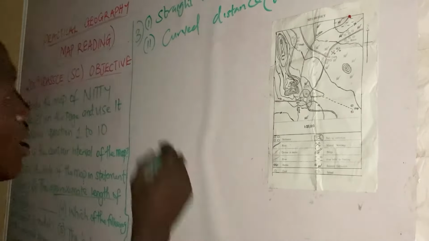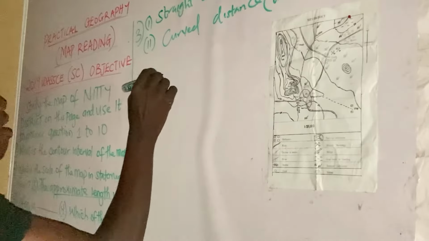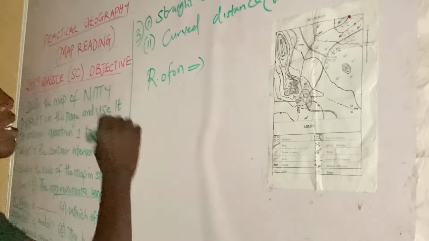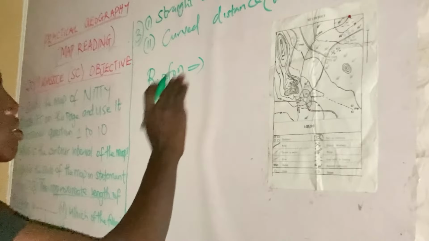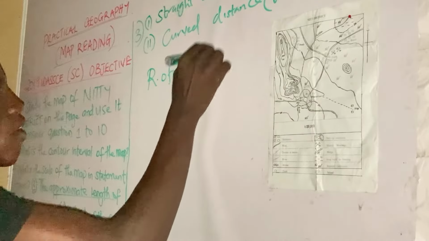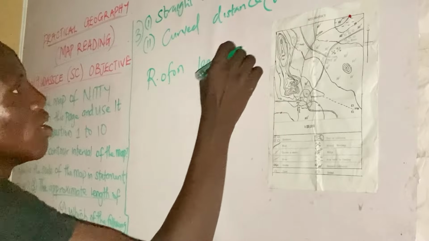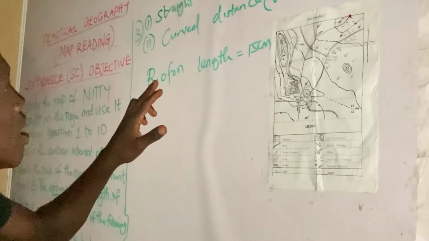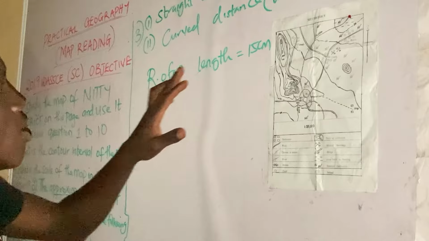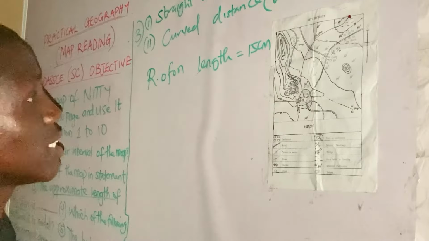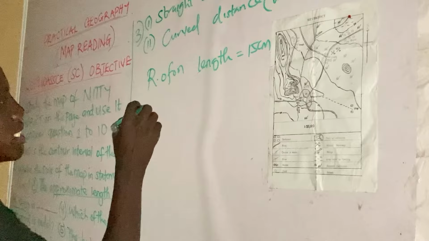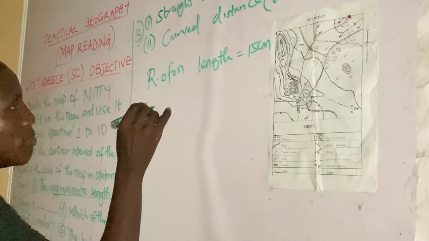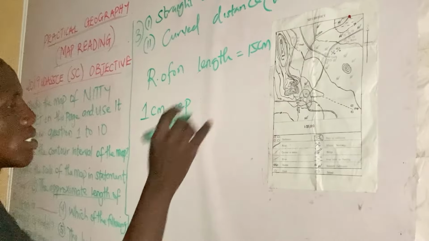So it means that the length of the river on the map is equal to approximately 15 centimeter, using thread. Now, the scale says that 1 centimeter represents what?